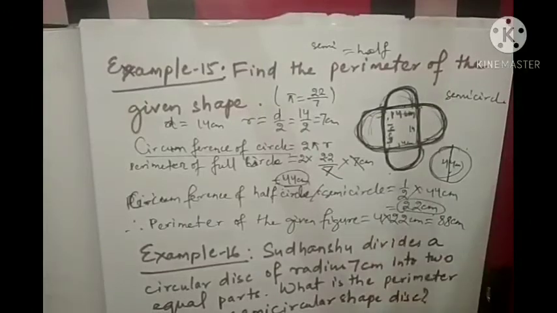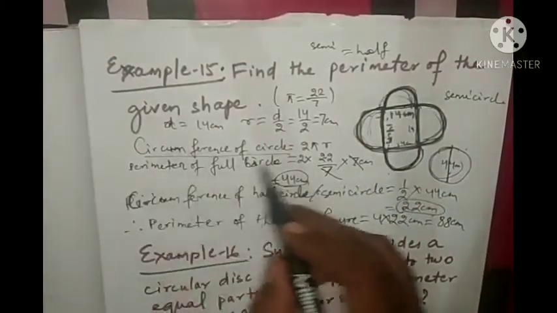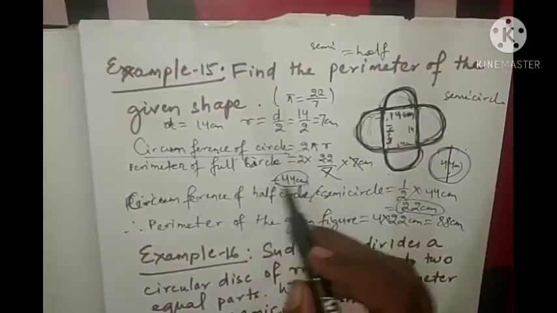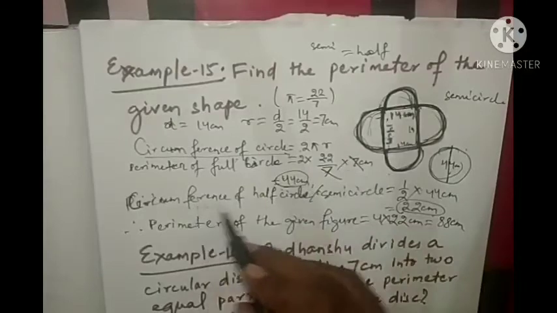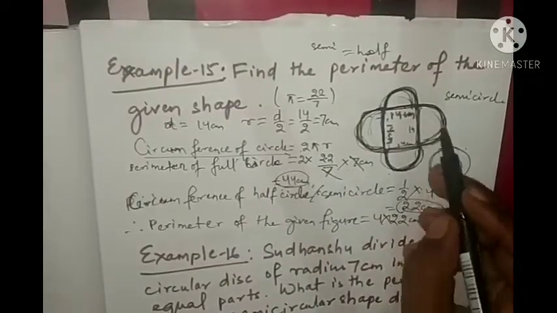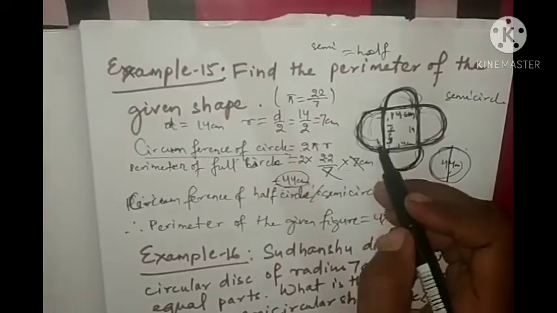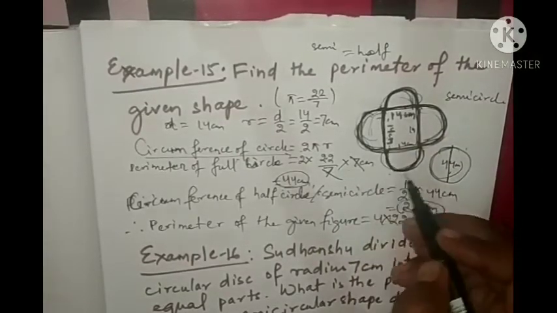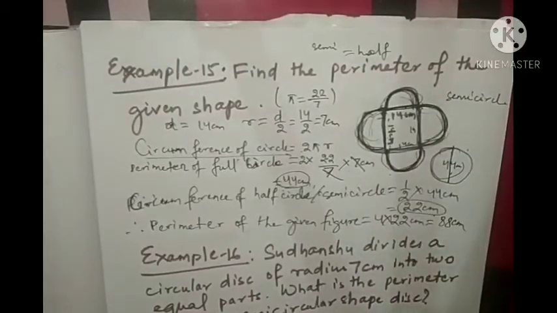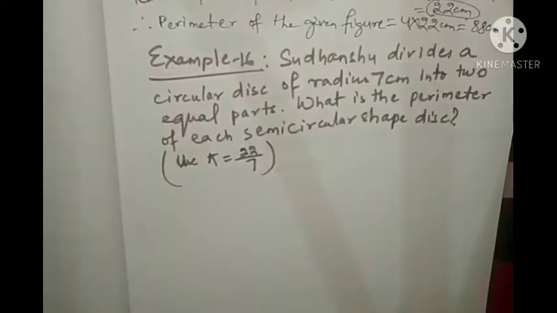You first found the circumference of the full circle, then the circumference of the semicircle, then the perimeter of this figure, which means the circumference of 4 semicircles. Okay, so this is your example 15.